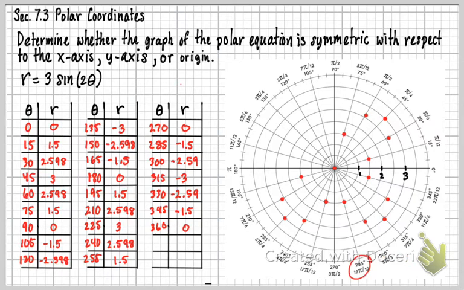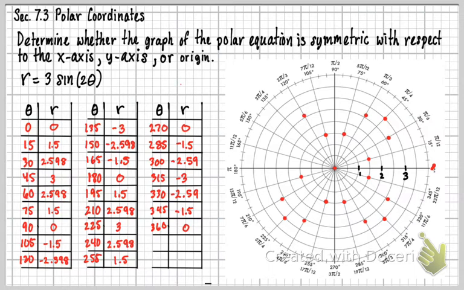So then at 285, which is here, it's going to be negative again. So at 285, it's going to be negative 1.5. So it's going to be there. And then at 300 degrees, it's also going to be negative, and that's going to be a negative 2.59.